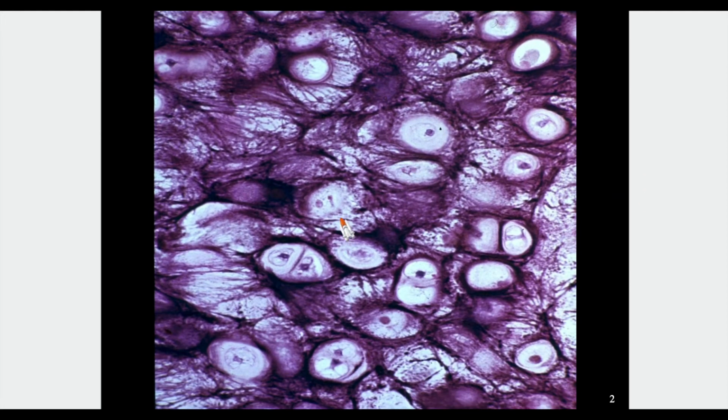Here I could say, all right, what type of tissue is this? And then I'd want you to give me that answer. And then other things I could ask for this specific type of connective tissue. I could say, what type of cells do we have here? Because this is cartilage, remember we have chondrocytes, cartilage cells.